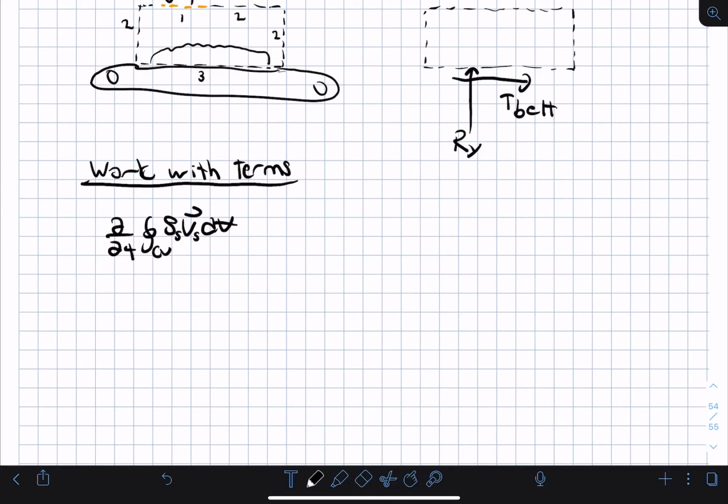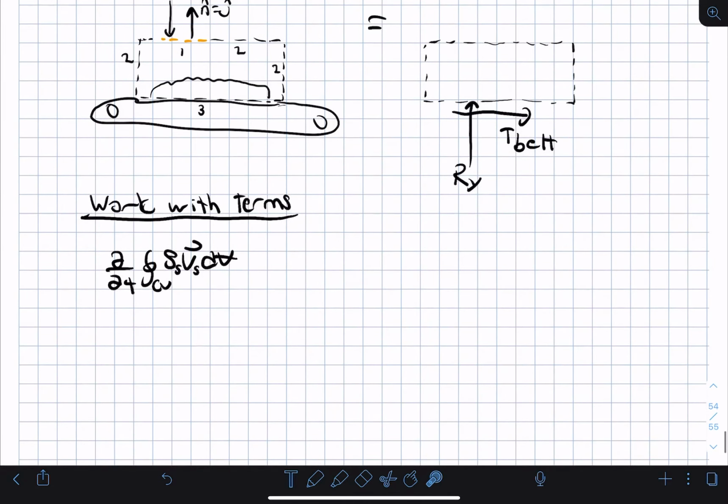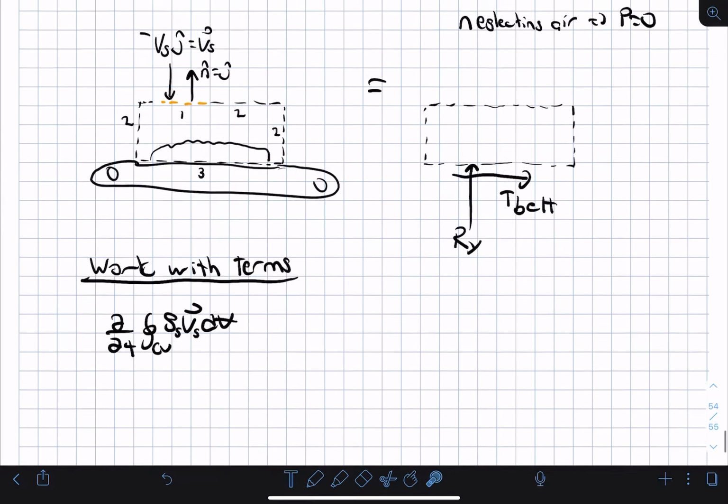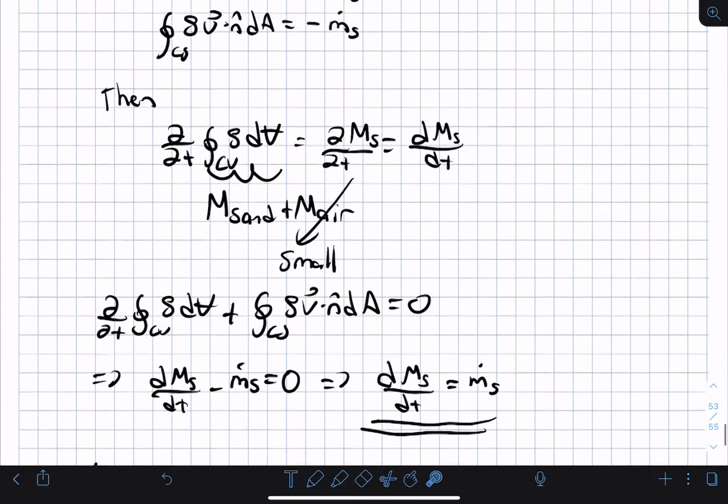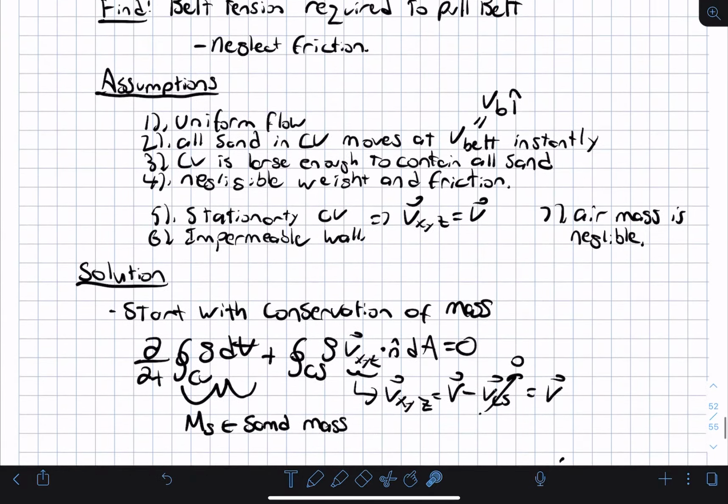Now, this is the integral of all of the sand that is inside of the control volume. Okay, and now we had assumed above, to solve this problem, I'm going to scroll up, that the sand, basically any sand instantly accelerates to the velocity of the belt in the control volume.